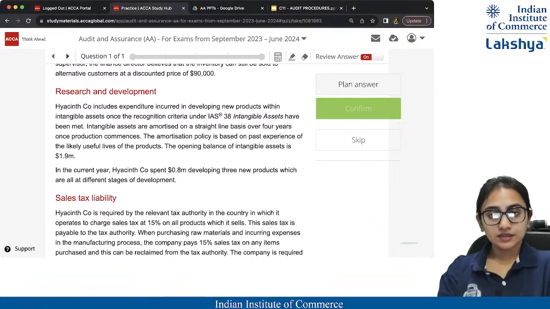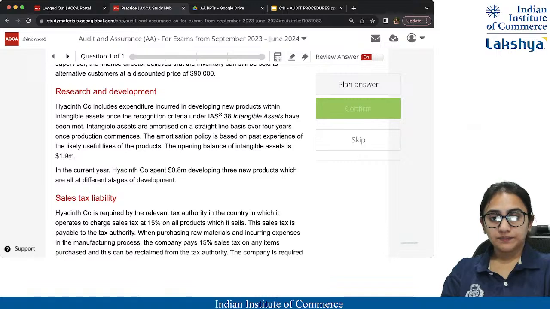Then R&D, research and development. Hyacinth Company includes expenditure incurred in developing new products within intangible assets once the recognition criteria under IAS 38 intangible assets have been met. Intangible assets are amortized on a straight line basis over 4 years once production commences. The amortization policy is based on past experience of the likely useful lives of the products.